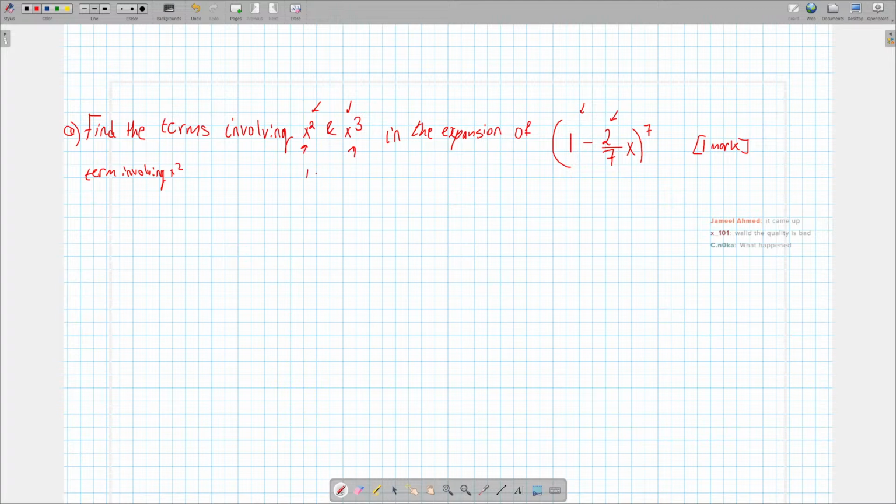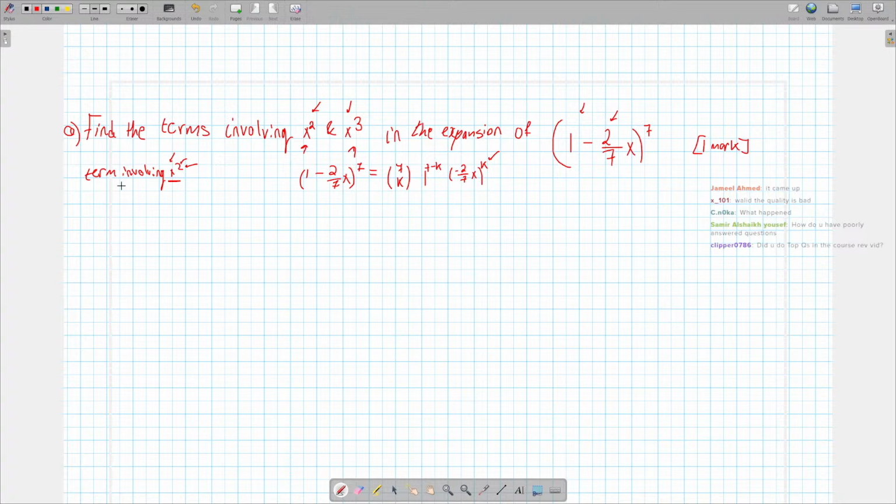The general term for (1 minus 2 over 7 x) to the power of 7 is 7Ck, 1 to the power of 7 minus k, times minus 2 over 7 x to the power of k. This is the general term. I want the power of x to be 2, so my k should be 2.